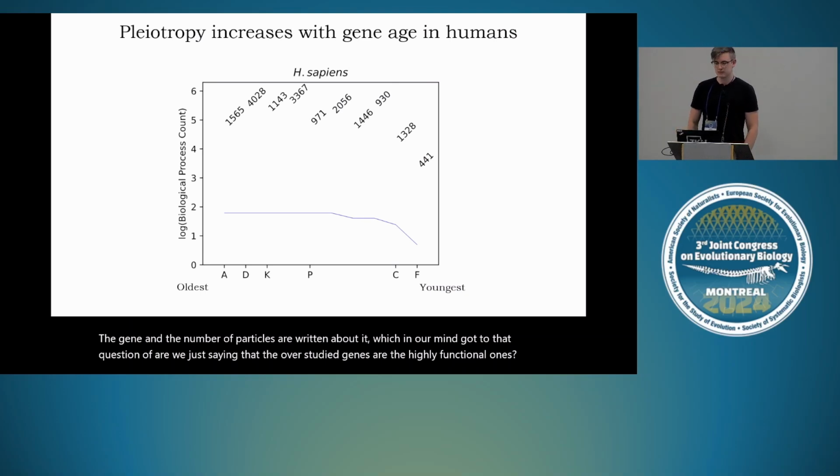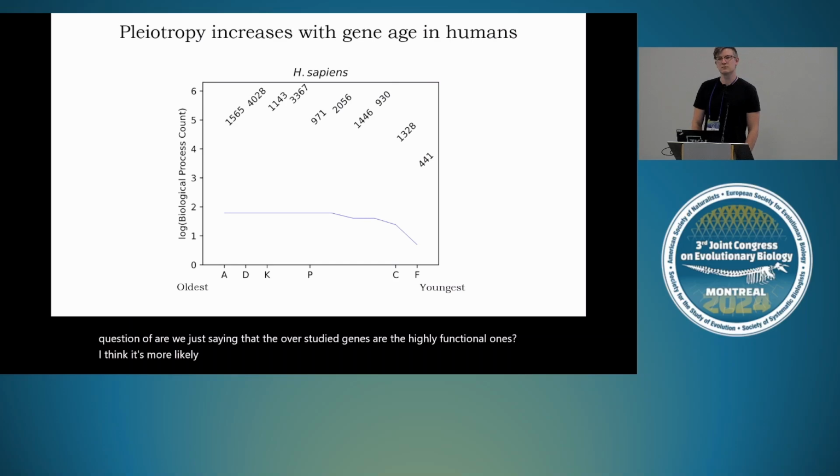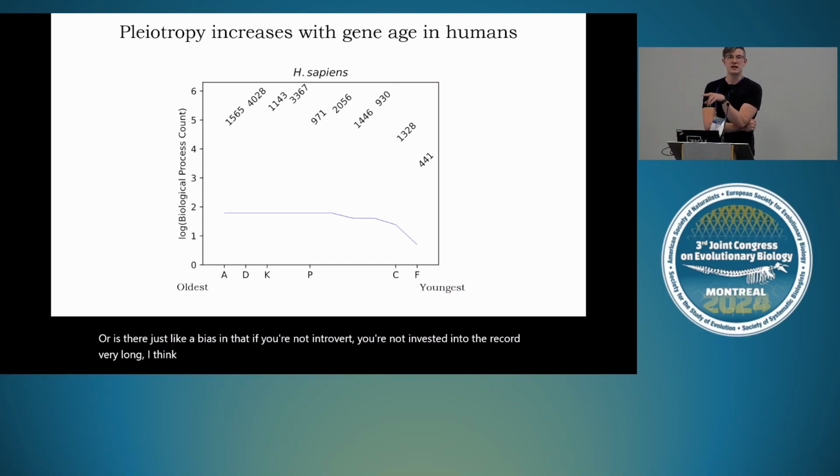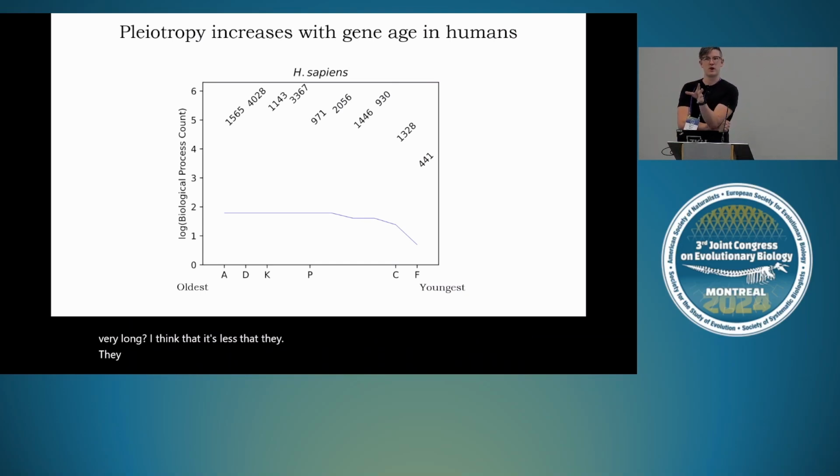I think it's more likely that in the history of the gene, they acquired new functions over time, or is there just like a bias in that if you're not pleiotropic, you're not destined to be around for very long? I think that it's less that if you're not pleiotropic, you won't be around long.